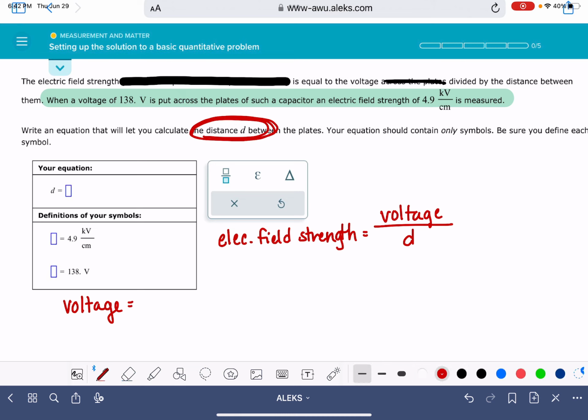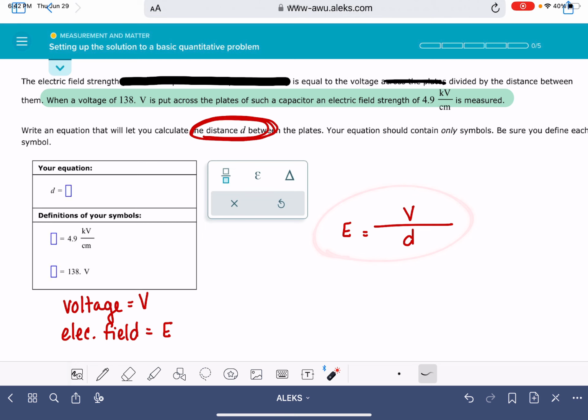For voltage, I'm going to define that as capital V. That's pretty logical, V for volts. And then for the electric field strength, because we can only use one letter, I'm going to use a capital E. And that's going to be the symbolism that I use.